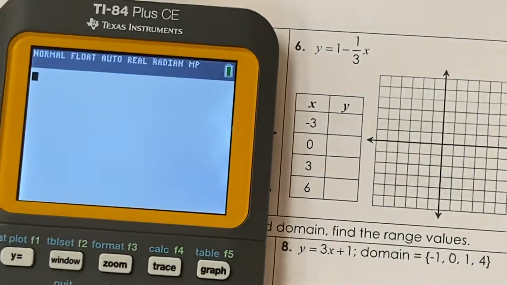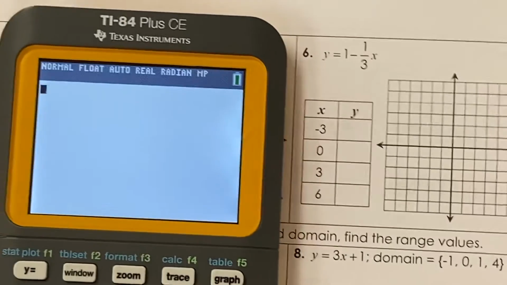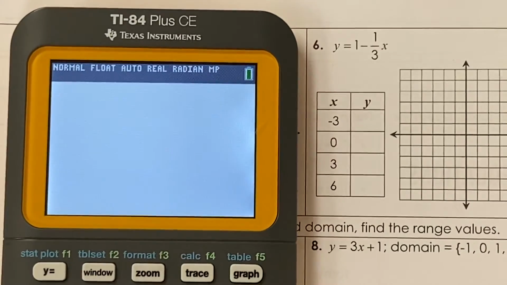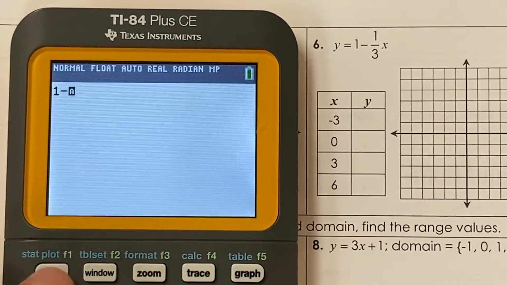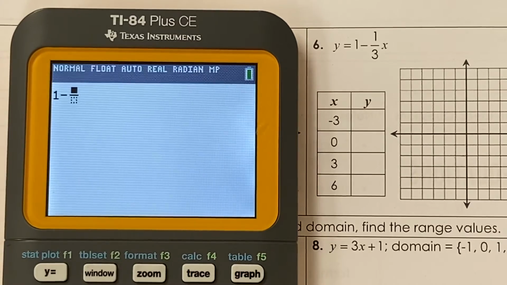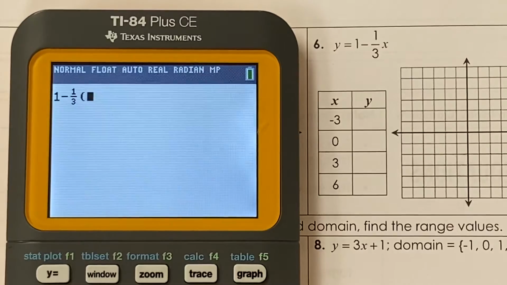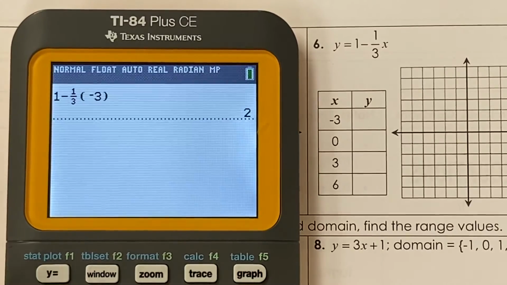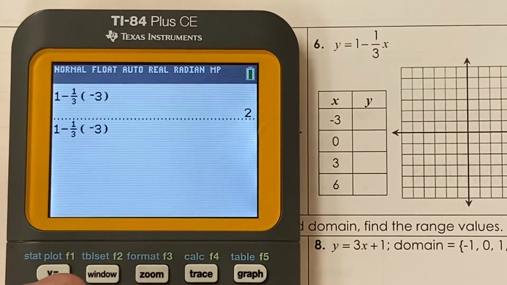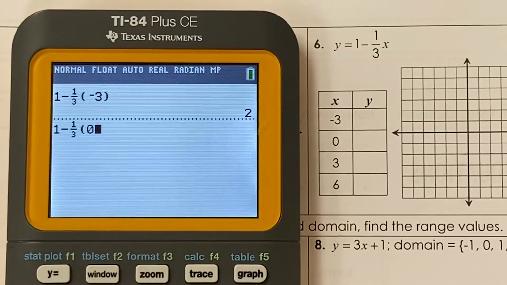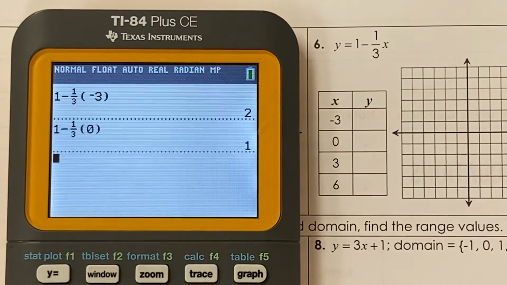Let's try a calculator on this one. Once again, I recommend pausing it and trying it yourself. Okay, and the first number is negative 3. The second number is 0. The third number is 3.